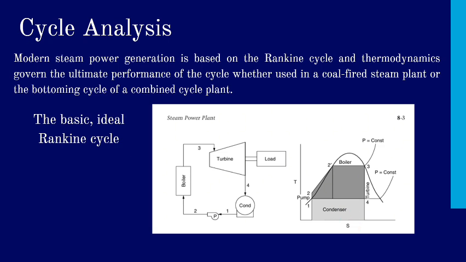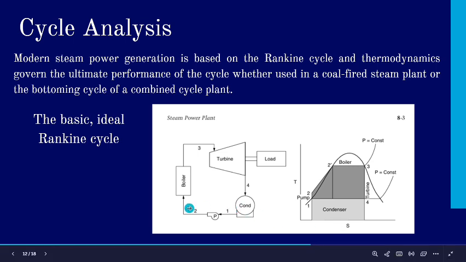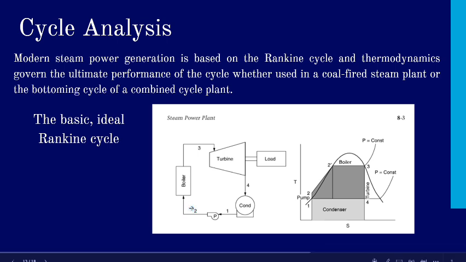The basic ideal Rankine cycle in a steam power plant consists of four main processes. Process 1 to 2, when the saturated liquid from the condenser is pumped to a higher pressure and is delivered to the boiler. The process 2 to 3, when the liquid is heated at constant pressure in the boiler until it becomes saturated steam.